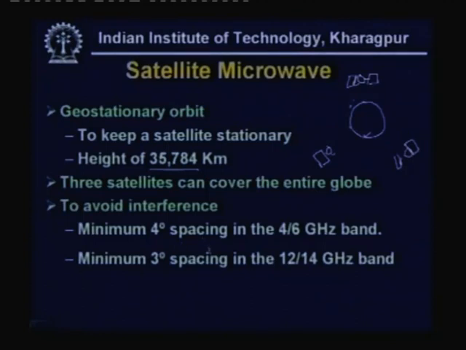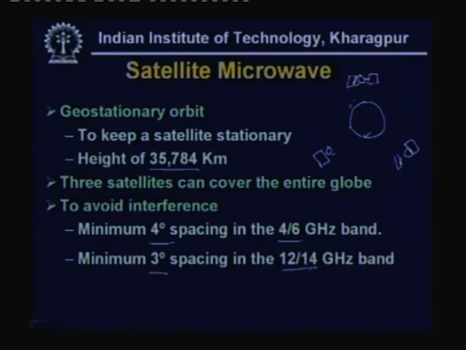However, now there is competition to put satellites in the sky. All the countries are competing with each other to put a satellite of their own in the sky, and that has created a problem. We cannot have many satellites. There is some restriction. For example, you have got only 360 degrees. So when you have got 360 degrees in the geostationary orbit, then minimum 4 degree spacing is required if you use 4/6 gigahertz band, and minimum of 3 degree spacing is required if you use 12/14 gigahertz band.